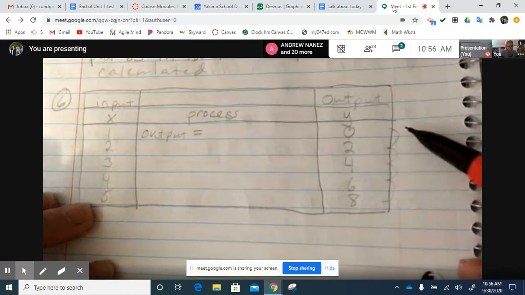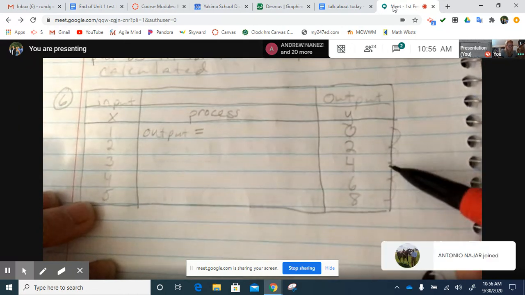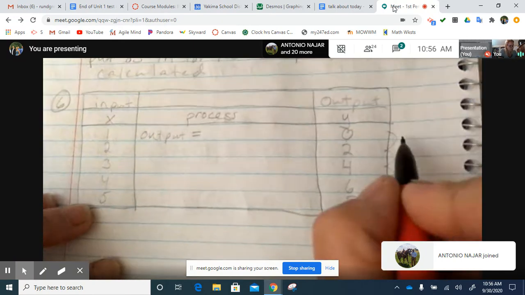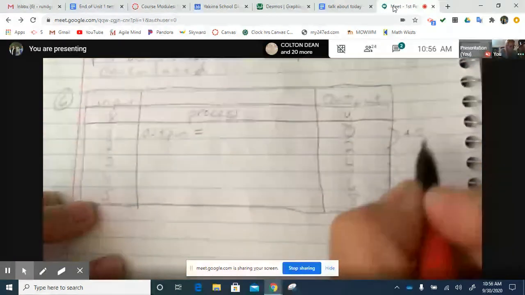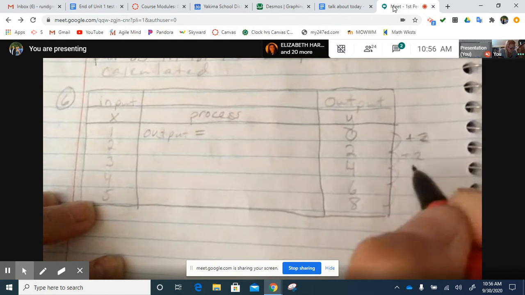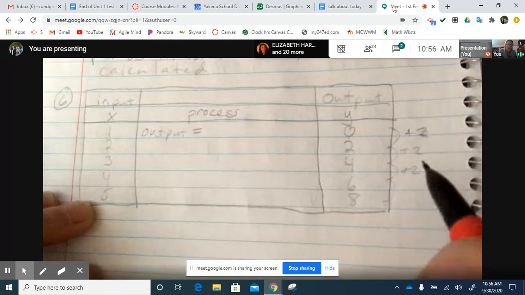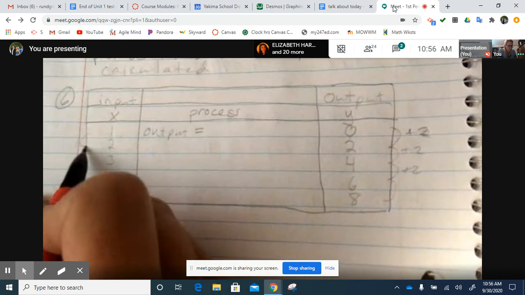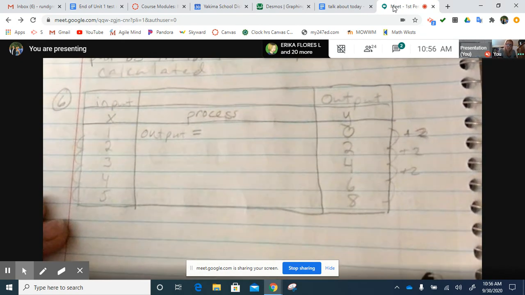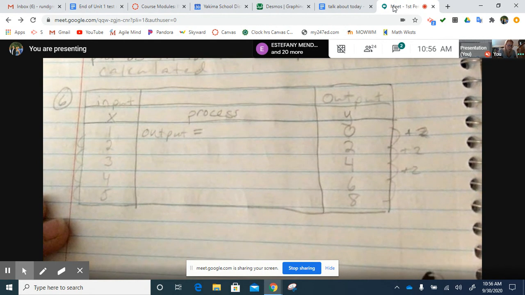What's the change that's happening? It's going by 2. We're adding 2. And over here, what are we going by? By 1. We're going up by 1.